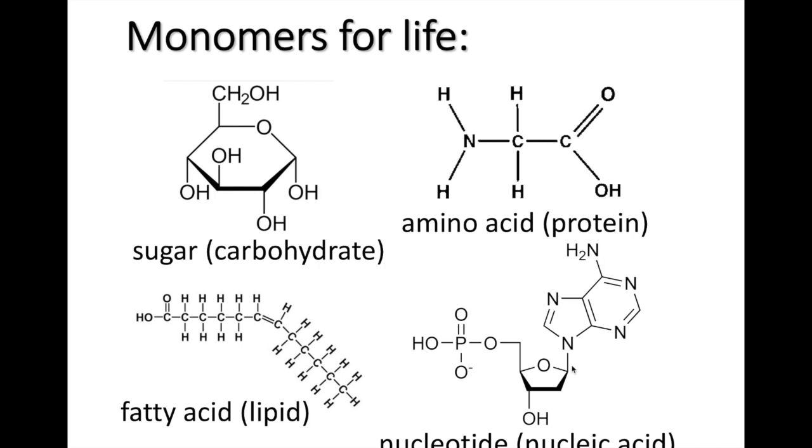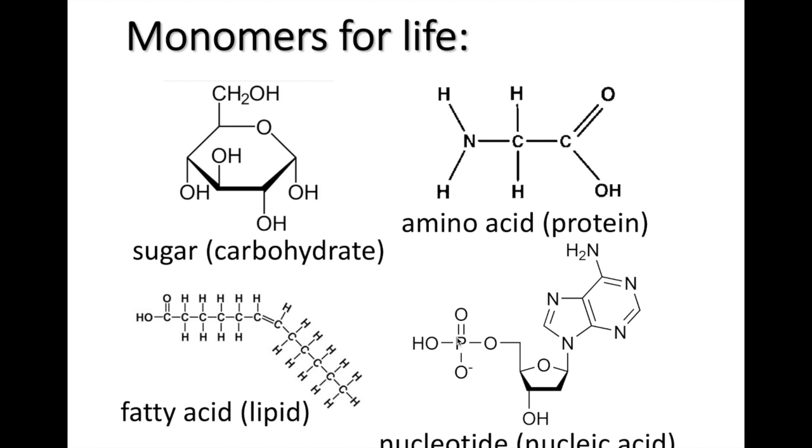These are some of the longest of all of the polymers that we have in living organisms. And these carbon and oxygen and hydrogen and nitrogen containing compounds also have a phosphorus. This is what we call a phosphate group, which we'll see quite a bit more as we go on.